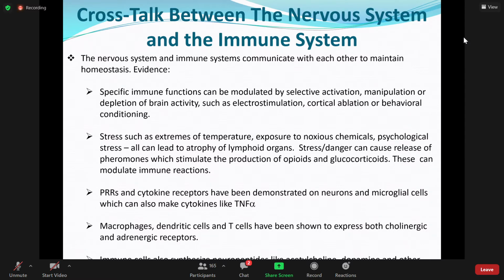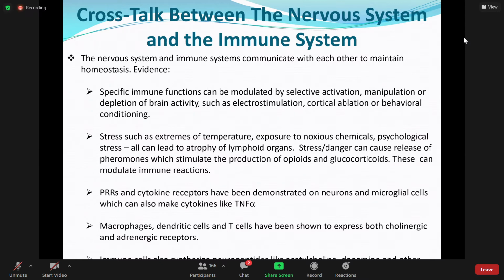It's also known that in the mental state of a person, where someone is undergoing stress due to emotional or environmental stimuli, this can lead to atrophy of the primary and secondary lymphoid organs.